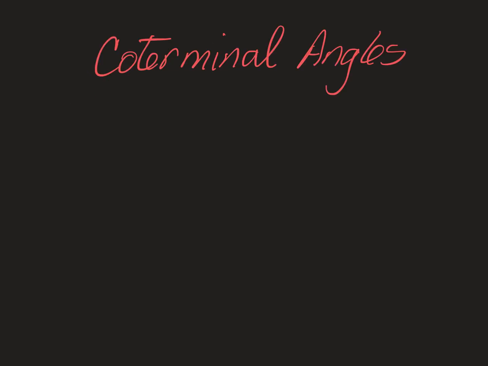So this leads to the main theme of what we want to talk about vocabulary-wise, and that's the idea of what are coterminal angles. Well, if we think about just the word coterminal, whenever we put a co, that means that they have the same terminal angle or the same terminal side.